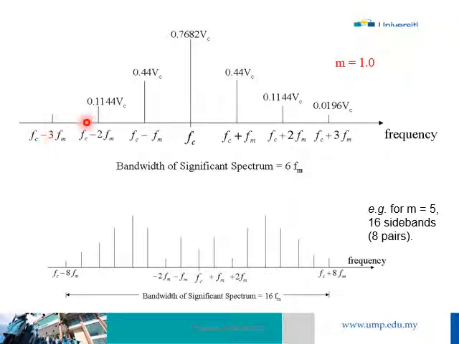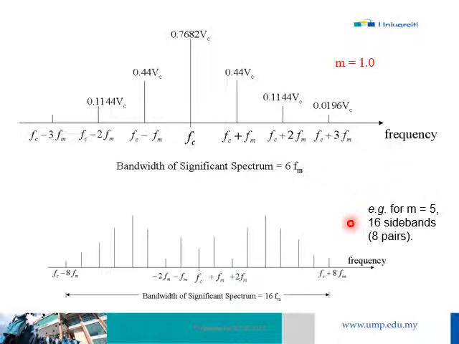From here, 1, 2, 3, 4, 5, 6. Because at modulation index equal to 1, there are three significant sidebands, J1, J2, J3. So we have bandwidth 3 Fm above Fc and another 3 below Fc. So altogether we have a bandwidth of 6 Fm.